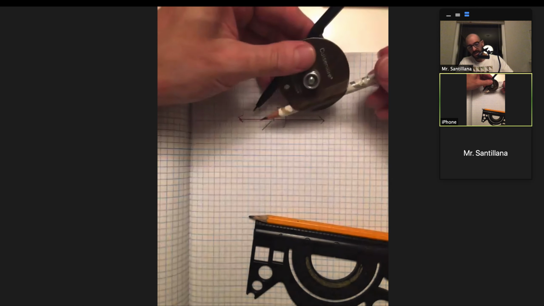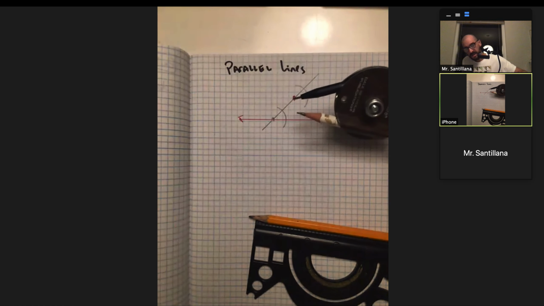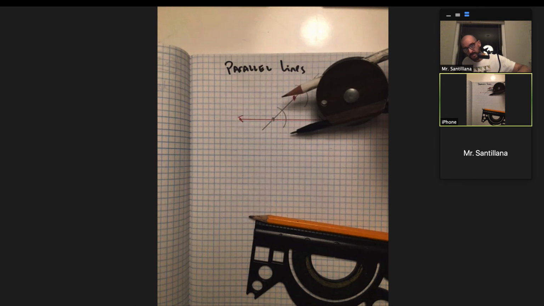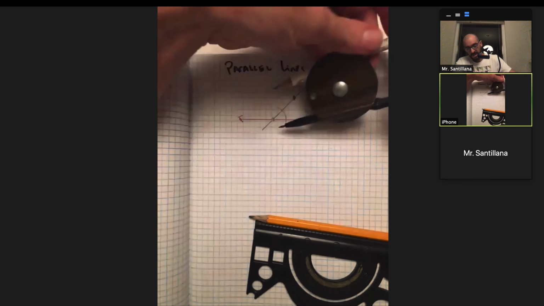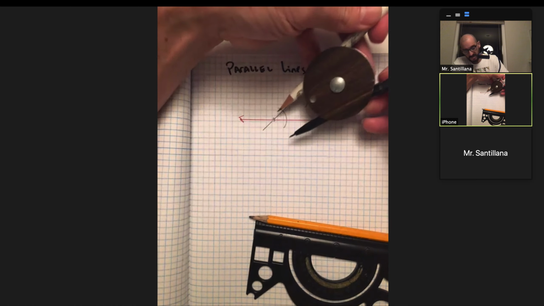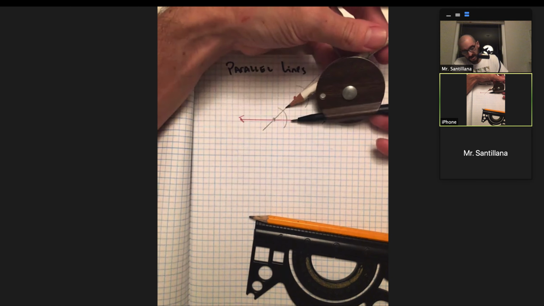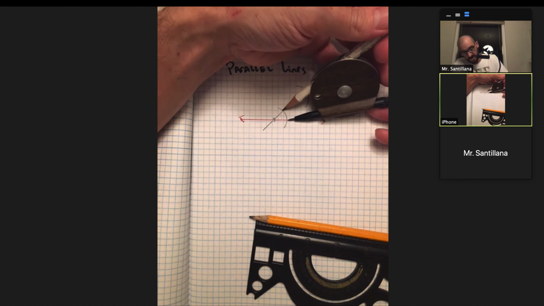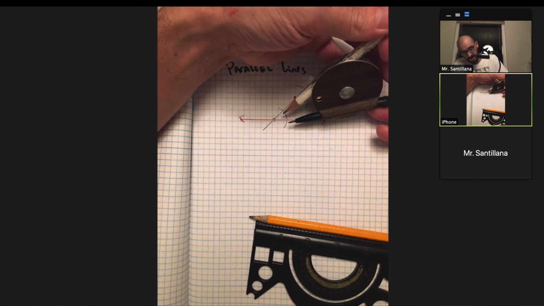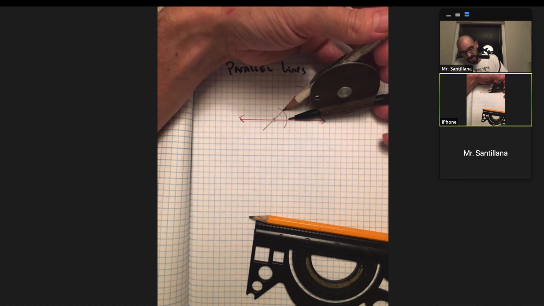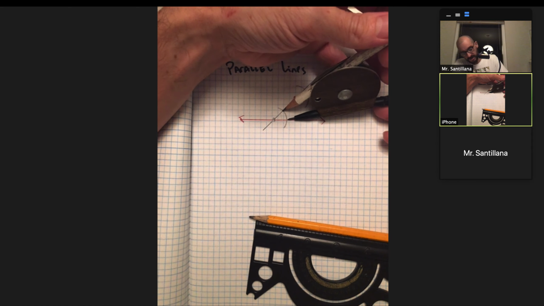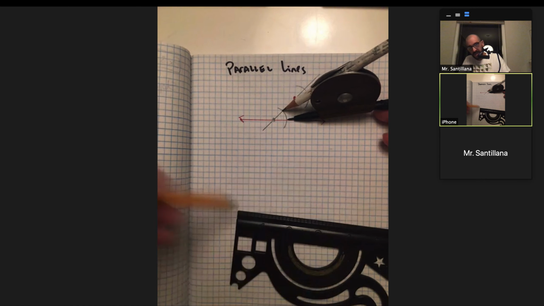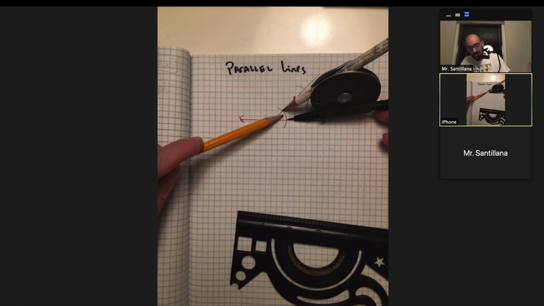Now I'm going to take my compass, grab it this way, and measure my arc. I need to go a little bit smaller. There we go. You can see that with my compass, I am measuring this distance here.